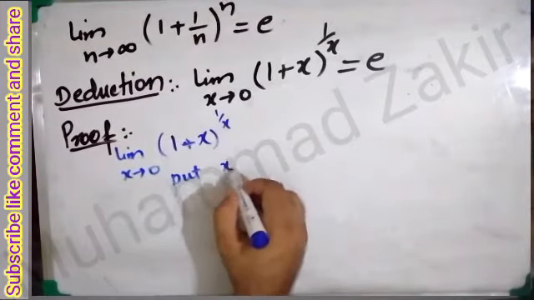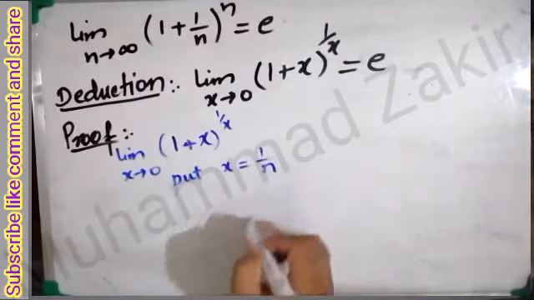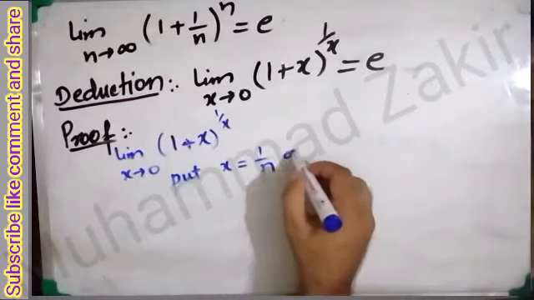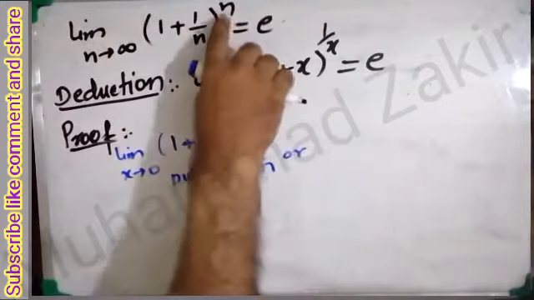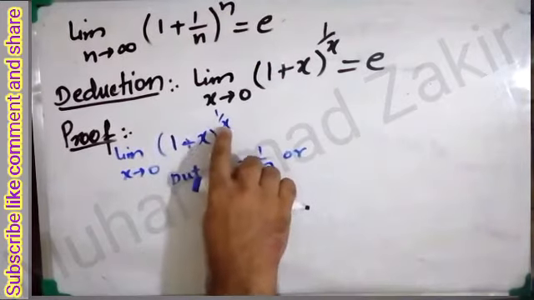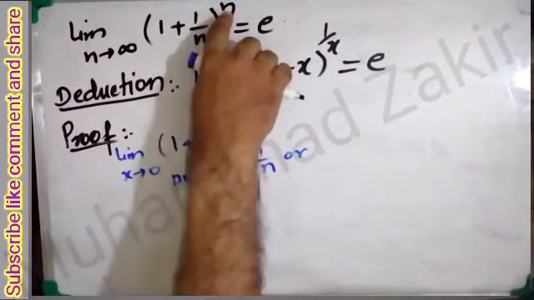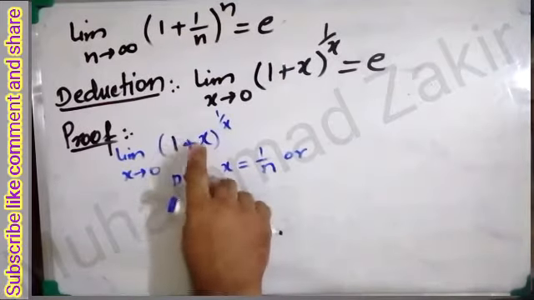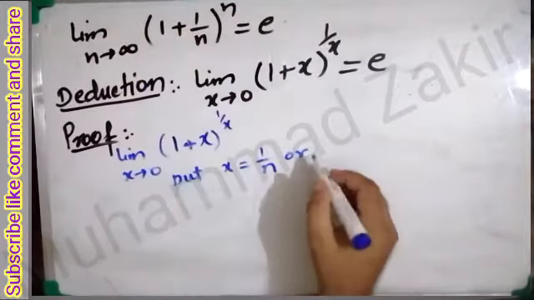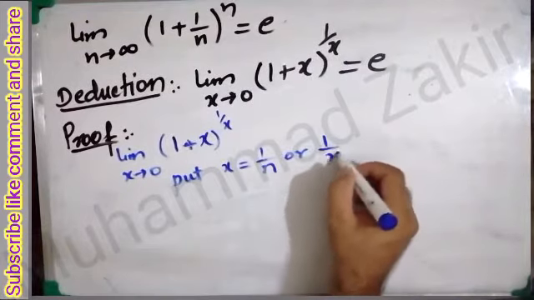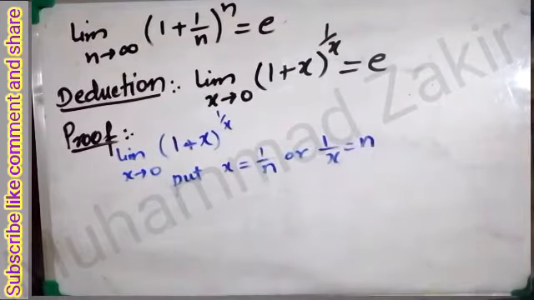So we substitute x equal to 1 by n. Look at the power here, it is n. This power must match, as we want to match this form with the original. So the power is 1 by x, and we want it to be n here.